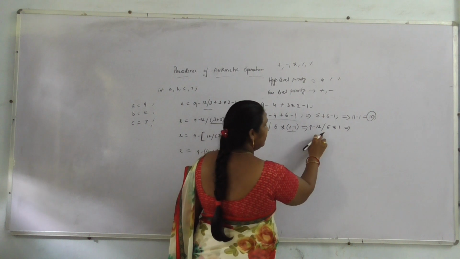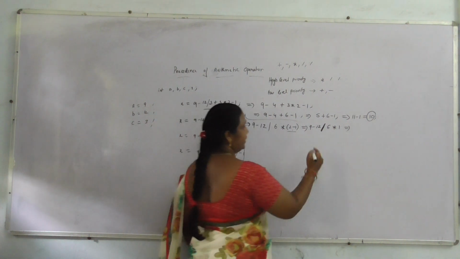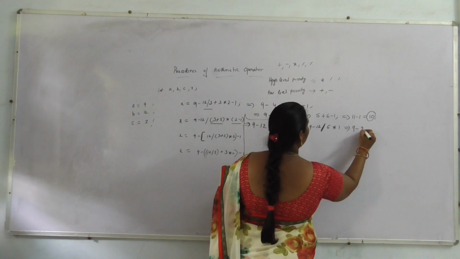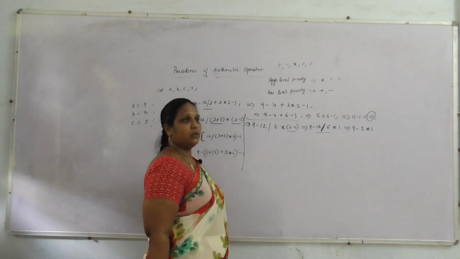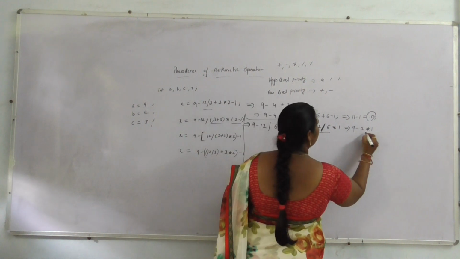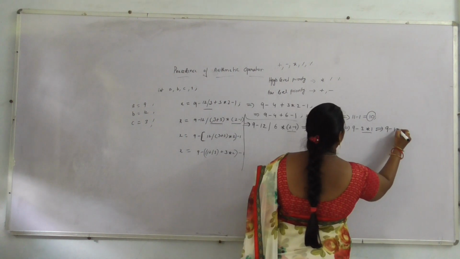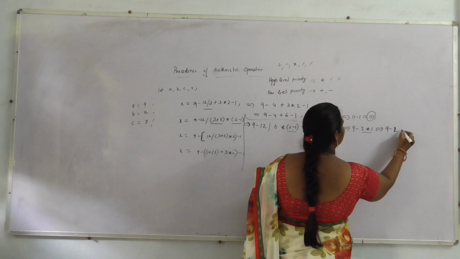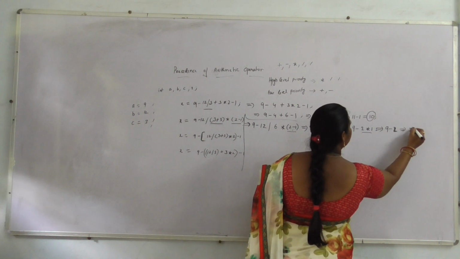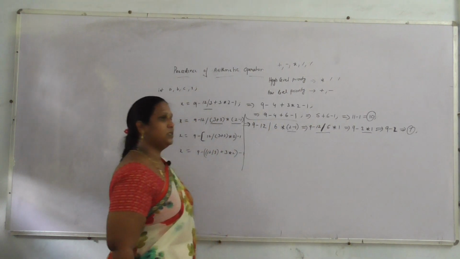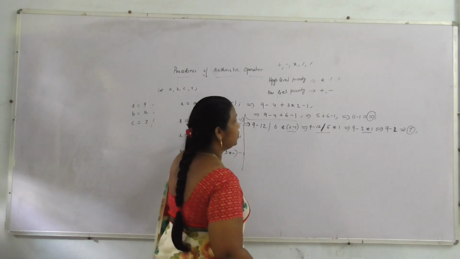In that way, division is the higher priority. 12 divided by 6 is 2, then 9 minus 2 asterisk 1, and 9 minus 2 gives the answer 7. So the answer of expression 2 is 7.